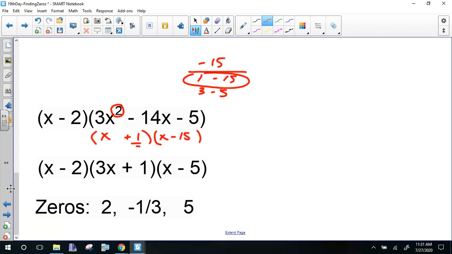Come back through, divide by 3, it's simplified. Divide by 3, I get 5. Okay. So my zeros are 2, negative 1/3, and positive 5.